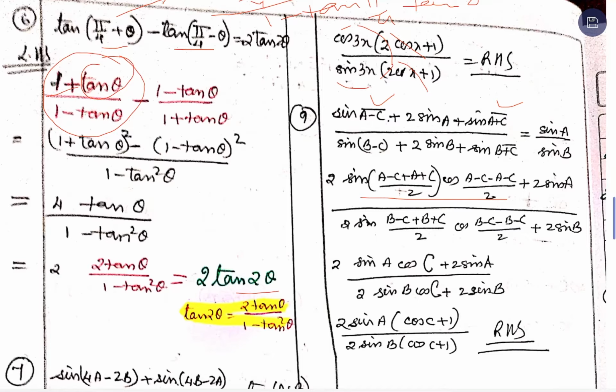Combination of these two in the denominator gives us sine of (b minus c plus b plus c) upon 2, cos of (b minus c minus b minus c) upon 2. So, which simplifies? There is a simplification here. It simplifies to 2 sine A cos C. It is actually minus C, cos of minus C. It is minus 2c upon 2, but cos of minus C is cos C.